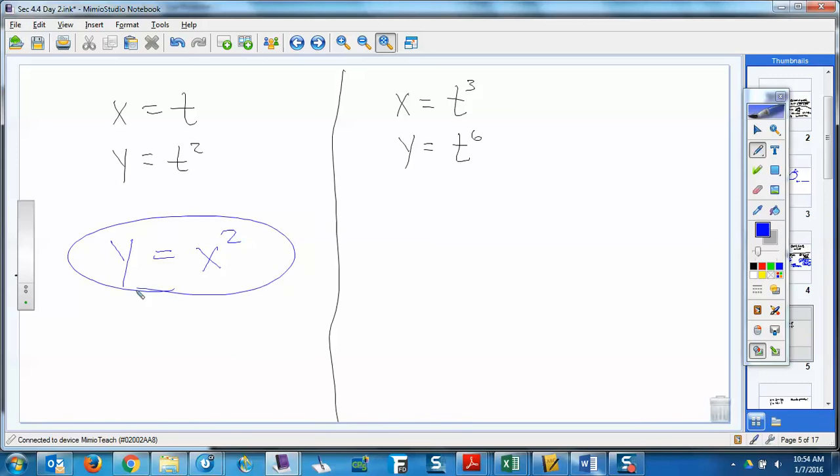Now the downside of this is that it only tells us the path. This doesn't tell us anything about the object on the path. This does. When t is 1, this particle would be at the x-coordinate 1 and the y-coordinate 1. When t is 2, this particle would be at the x-coordinate 2 and the y-coordinate 4. Does that make sense?